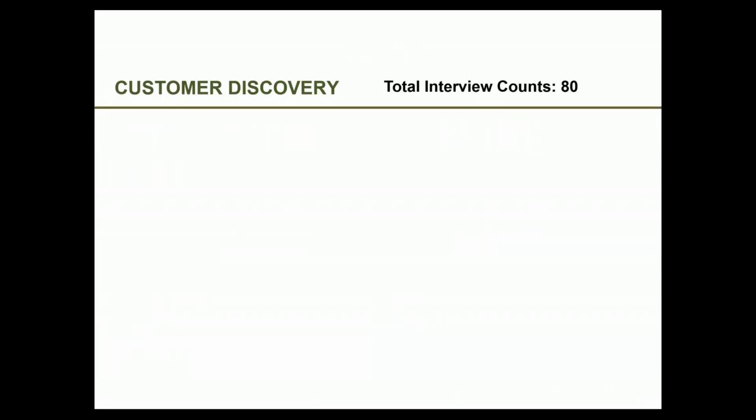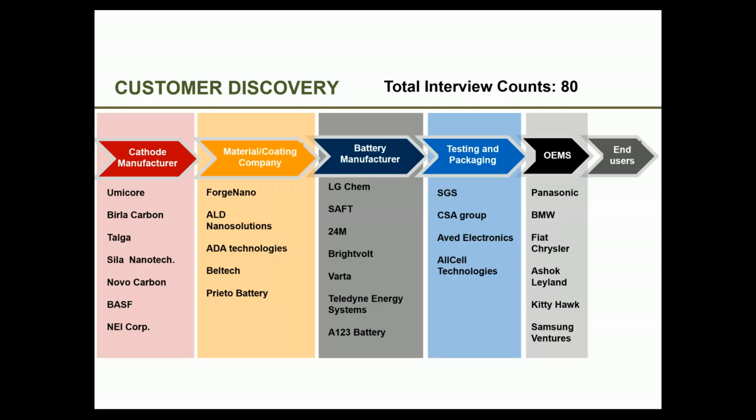So by the latter part of the program, they had 80 interview counts, and they had been able to map out the entire ecosystem and the supply chain for lithium-ion batteries. It turns out that there were a whole set of companies that simply manufacture cathodes, and then there's a separate set of companies that do coatings.